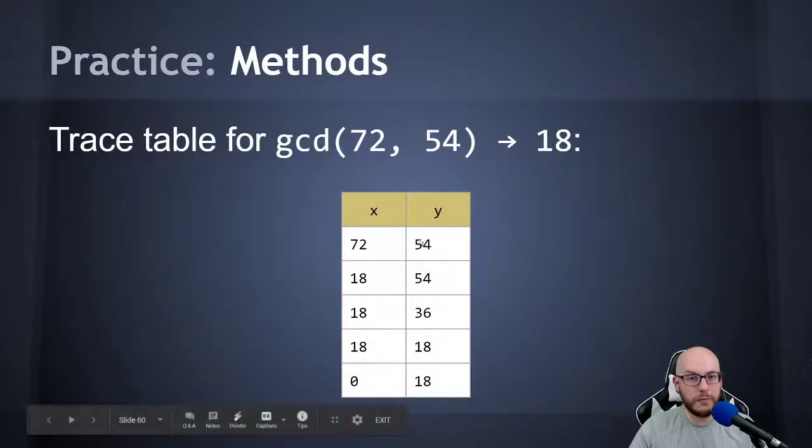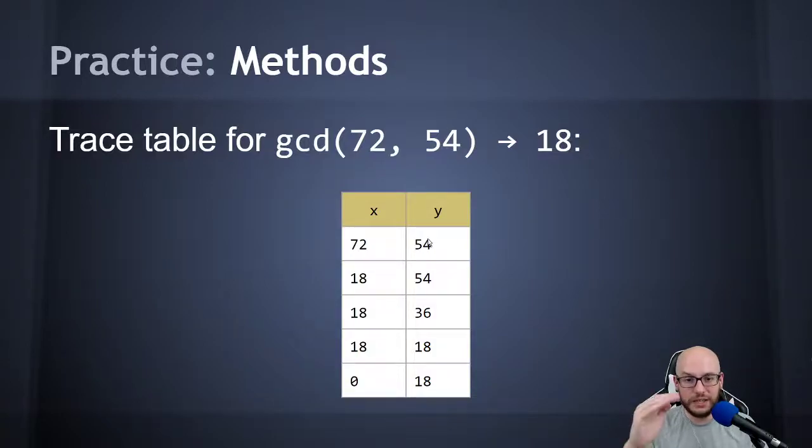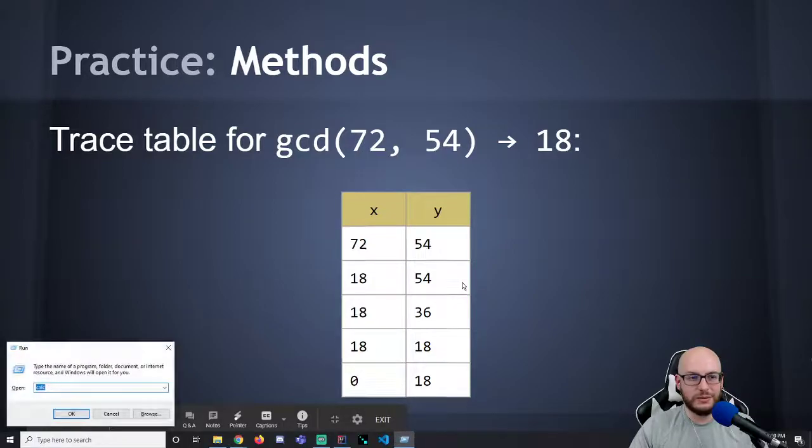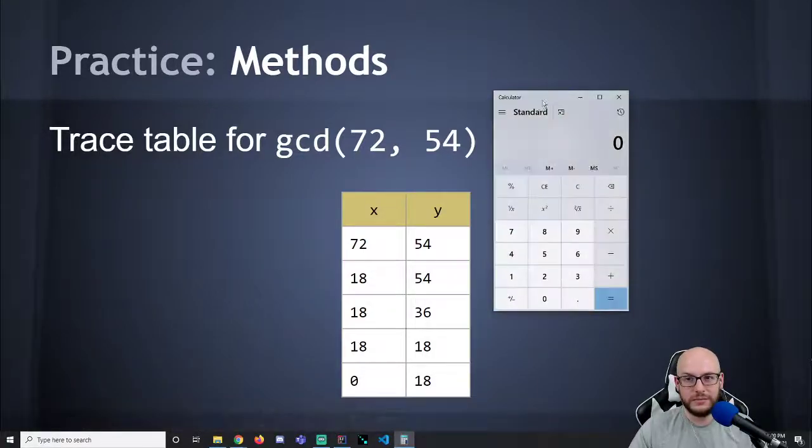Okay. Why is this big brain? This is way more efficient than our other version. If you recall, our other algorithm would have started at 54 and went down by 1 value until it hit 18. We would have done whatever the difference between 54 and 18 is, number of iterations. Let me bring up my calculator again.